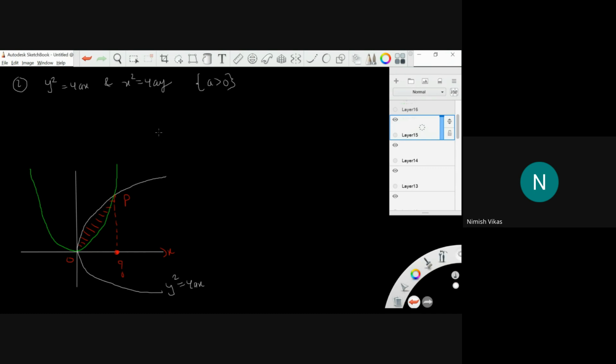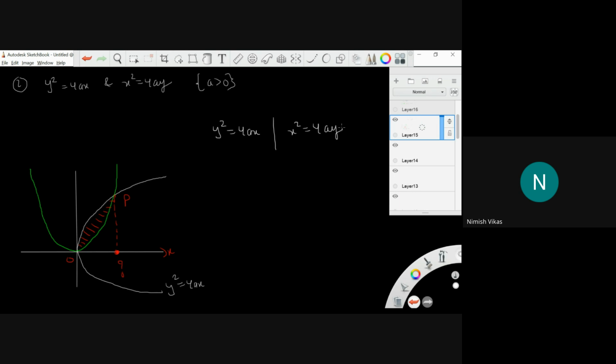Now how to solve for point P? These two parabolas intersect at the origin, obviously, and then we also have to find the value of point P. Because we have to do integration, we have to find the points of intersection so that we know the limits, from where to where we have to integrate. Now we have y square is equal to 4ax and we also have x square is equal to 4ay.